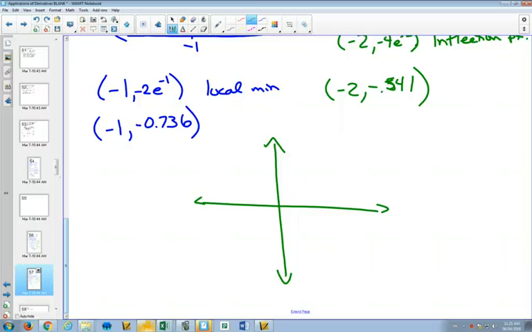So what do we have? We know that our x and y intercept point was 0, 0. We know we have a local minimum, and just based on the values that I have here, I'm going to make -1 right there. At -1, -0.368.